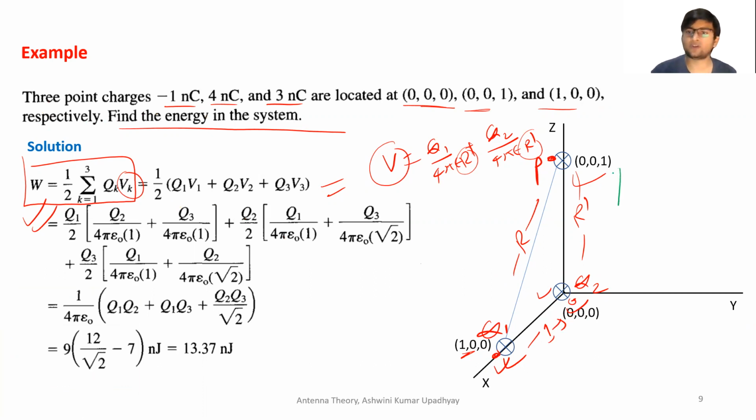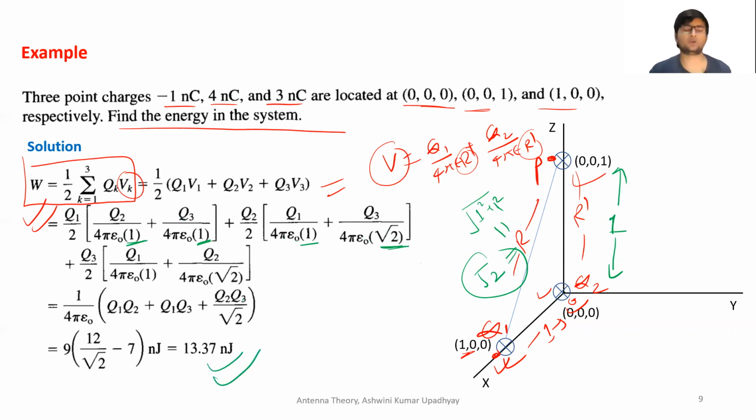This distance is also going to be 1 unit, because you are moving in the z direction by 1, but this R value is going to be under root 1 square plus 1 square, right? So this R value is going to be under root 2. So in the formula, you can see that this is 1, this is 1, this is 1, but this quantity is under root 2, right? If you put all these values and calculate, you are going to get your total energy in the system as 13.37 nanojoule. So this is how you can calculate all the questions related to this topic.